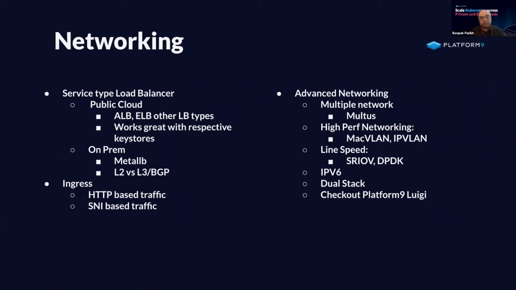It's a great option. It has multiple ways in which you can configure it. You can use L2 level load balancers, or you can do L3 with BGP, which is obviously the high performance option, but it requires that your networking setup is configured in a way that it can work with the BGP setup that MetalLB has. So those are some of the options that you can think about.